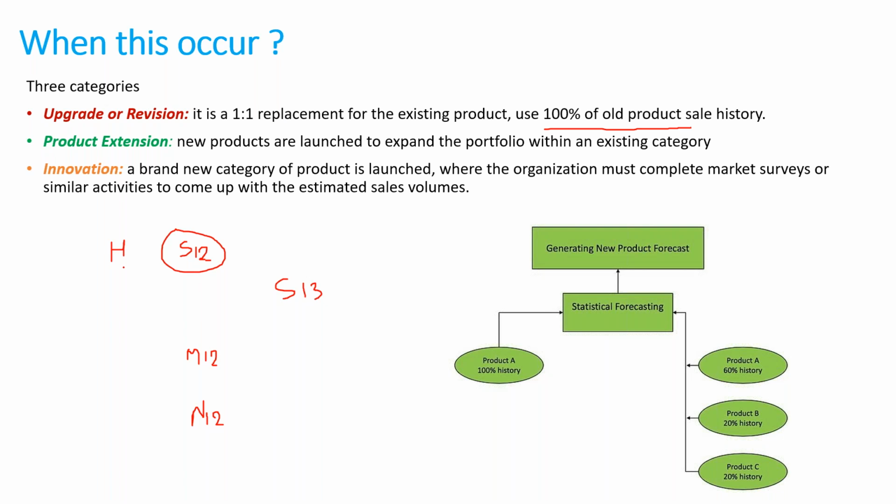So this is the history. Here it has done 100, and here it has done 200. Now I can consider these two, use these two sales histories and propagate the forecast for S13.